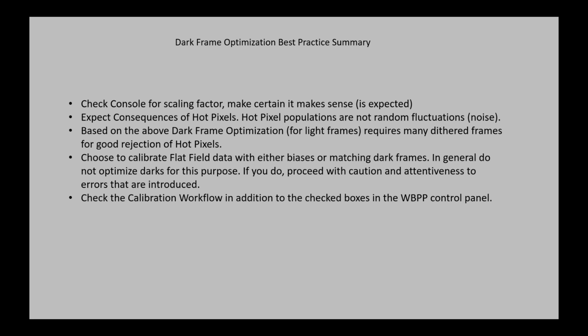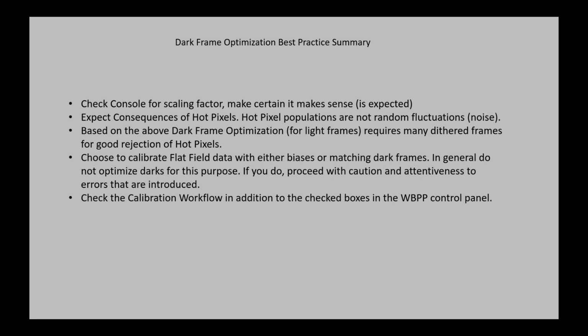In general, don't optimize darks for the purpose of calibration of flat fields. If you do, and I just demonstrated in my own data, it doesn't work. If you do, boy, really pay attention to what you're getting. You really got to be able to identify that this is an issue. You can do exactly what I did. You can do with and without that optimization, with the bias, and see which way really calibrates the data better.